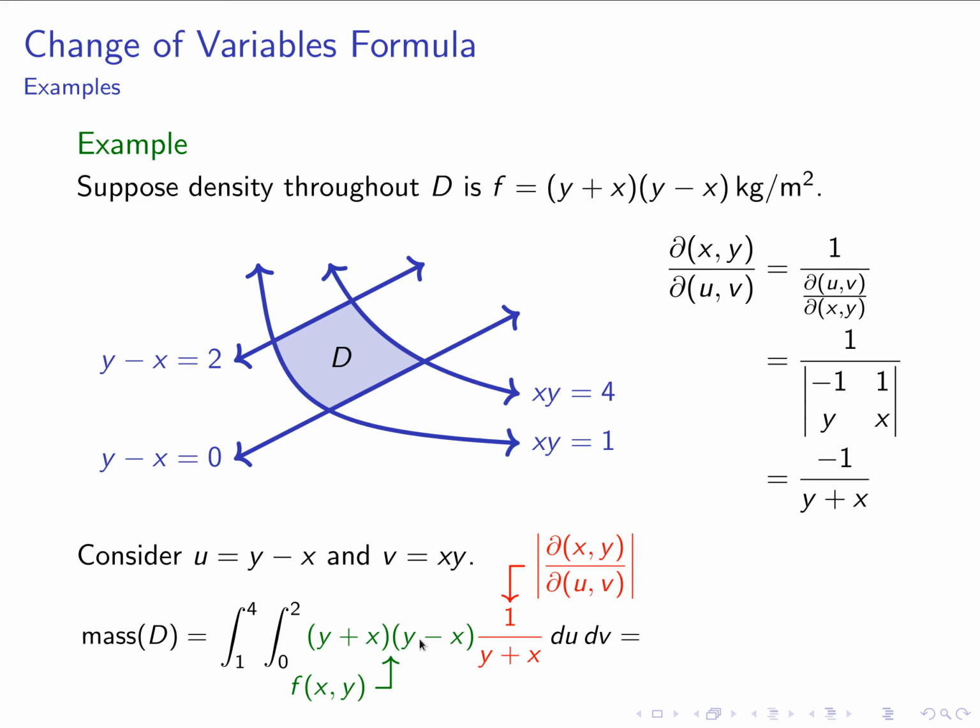And what's left over here is this factor of y minus x, but in our change of variables, we said that y minus x was simply equal to u. So now our integral massively simplifies. We're integrating u du dv, where u ranges from 0 to 2, and v ranges from 1 to 4. We can easily do the calculus here, and we get an answer which is equal to 6 kilograms.